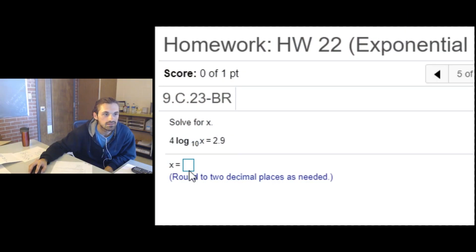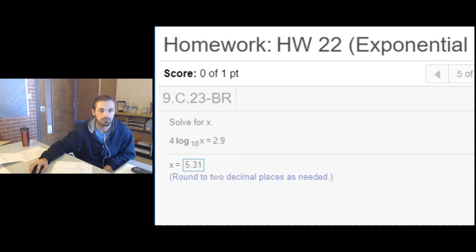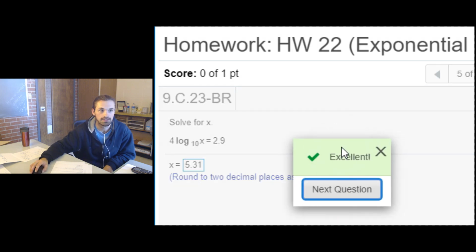Round to 2 decimal places as needed. Second decimal place, so 5.31. Check answer. Nice. Got it.